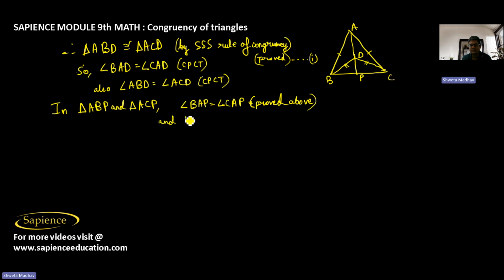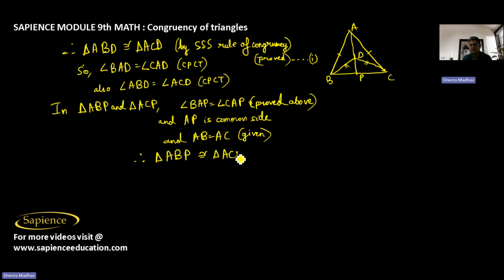And we can say AP is the common side. So AP equal to AP, I will write. And AB equal to AC. This is given. So therefore I can say triangle ABP is congruent to triangle ACP. How? By side angle side, by SAS rule of congruency.